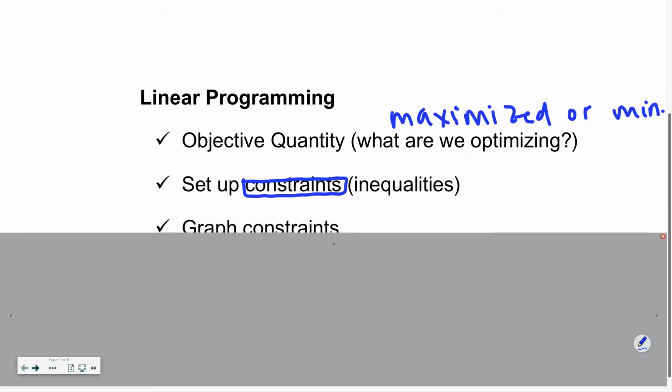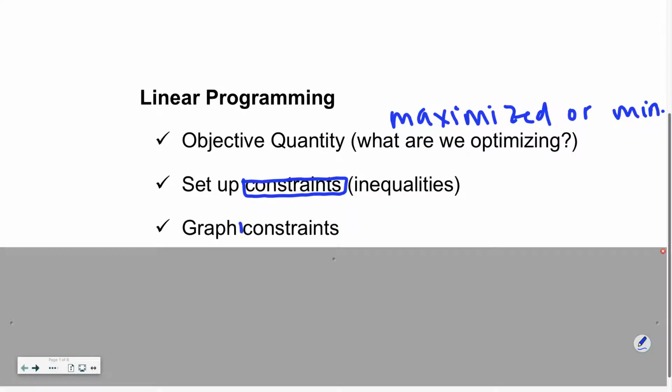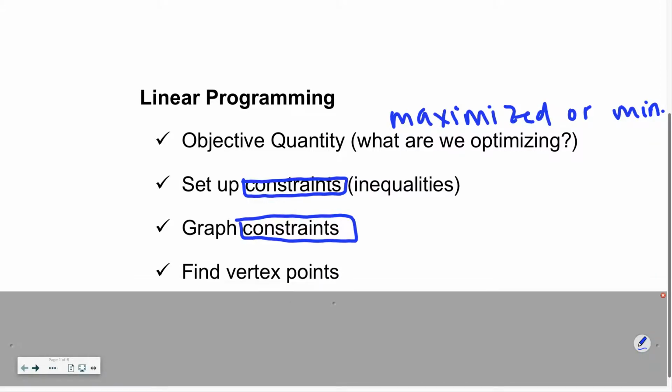You are then going to graph your constraints, just like you did yesterday in your homework. What do you think the next step is going to be? Yeah. You are going to find your vertices or vertex points, however you would like to call them.